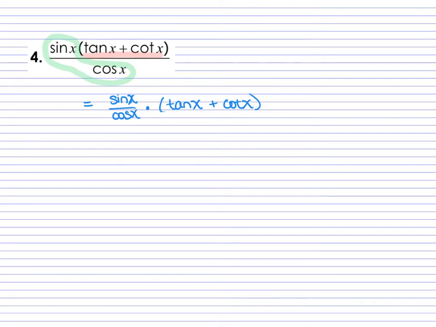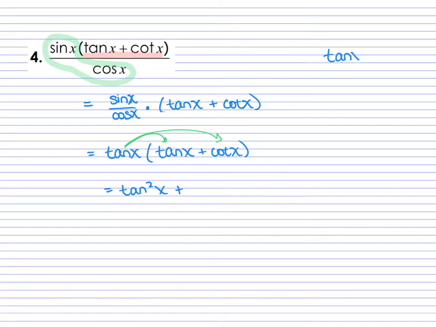So now I'm going to say sine of x over cosine of x is actually tangent of x times tangent of x plus cotan of x. Okay, now I'm going to distribute. When I multiply tangent times tangent, I'm going to get tan squared x plus, now let's look at this over on the side.